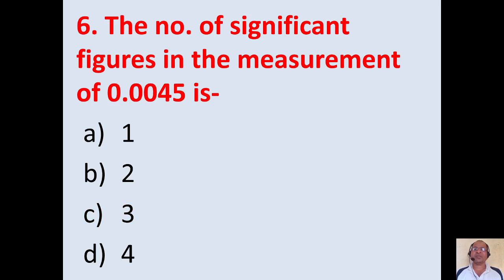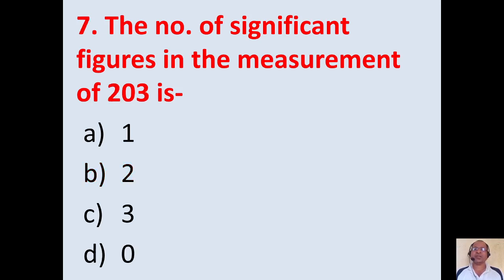The number of significant figures in the measurement of 0.0045 is: again this number is less than 1. The first 3 zeros are before the first non-zero digit 4, so they are not significant. Only digits 4 and 5 are significant, so the correct option is 2, option B.